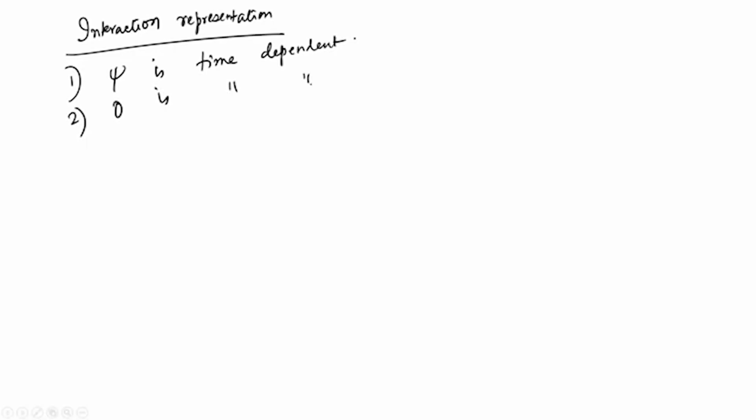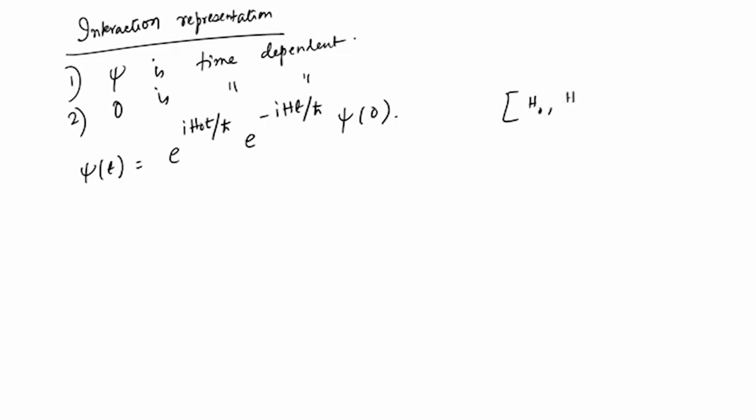Okay, so both are time dependent, and the time dependence is given as psi of t is equal to exponential i H naught t by h cross, exponential minus i H t by h cross, psi of 0, and of course, it is true that H 0 and H do not commute, which means that this H is actually comprising a non-interacting part, which is what we have taken in the earlier case.